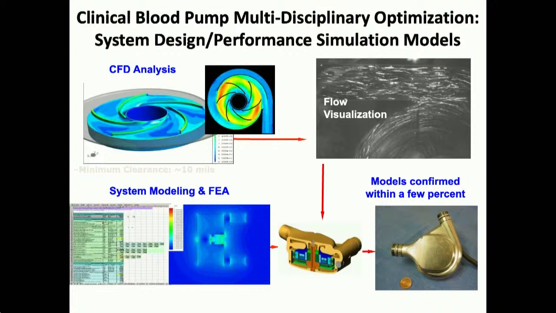In parallel, we had to do the magnetics design, because after all, it's got a motor in it, it's got a maglev in it. We had to make sure that everything worked, even from a thermal analysis. We didn't want hot spots, so it would fry the blood or activate the blood when it was flowing through the pump. So we came up with a model, and we spent about a year putting this whole multidisciplinary optimization model together.